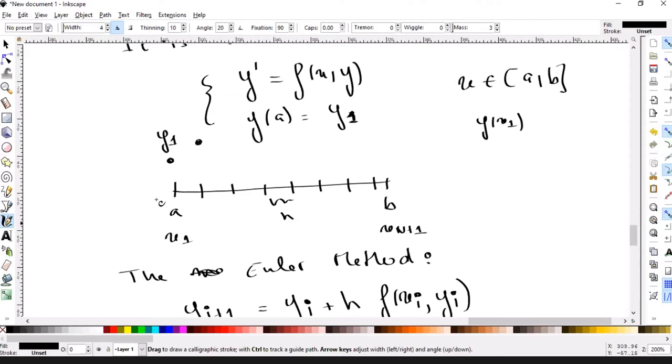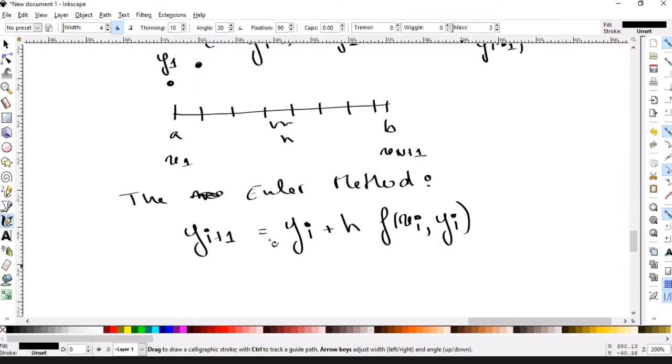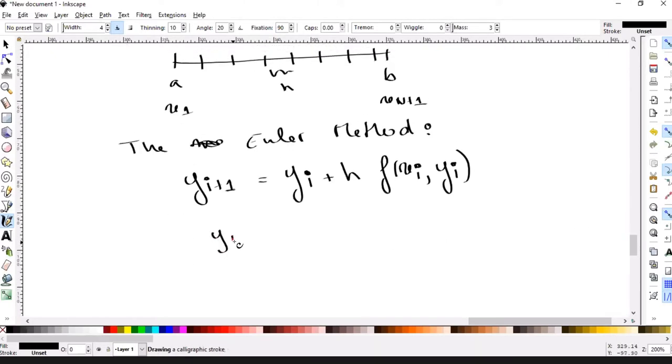We have the initial solution y at x1. We construct y at x2 using this formula. So y2 is equal to y1 plus h f of x1 y1, etc.